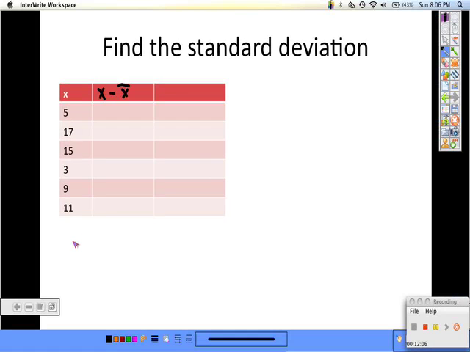So the first thing that I need to find is the mean. So we add these numbers up, and then we can divide by how many there are. So these add up to be 60. So the mean is going to be 60 divided by 6, which is 10.